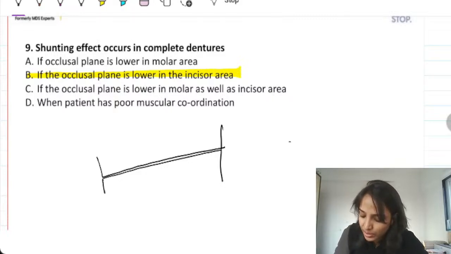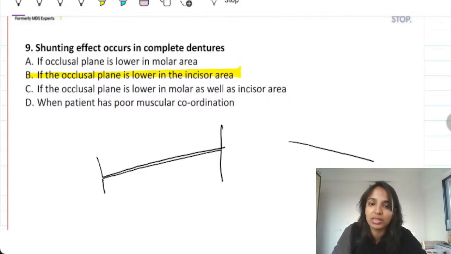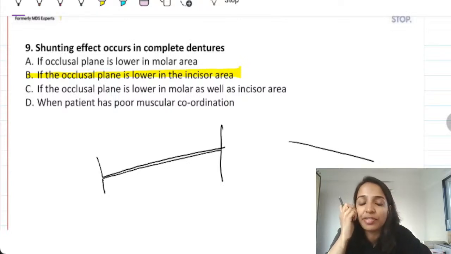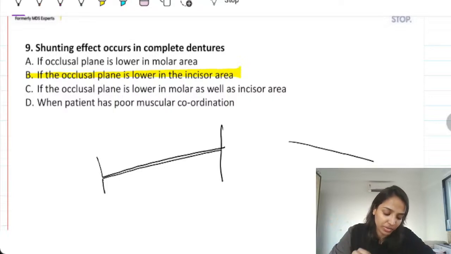Similarly, it is also said that when it is tipped posteriorly like this, even then you would see some shunting effect, primarily seen when it is lower in the incisor area, and it will lead to actually loss of retention of the denture. So, shunting lower in incisor area.